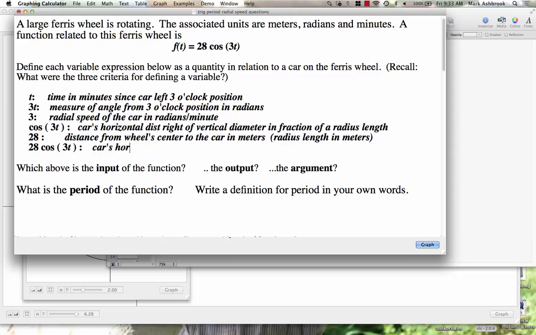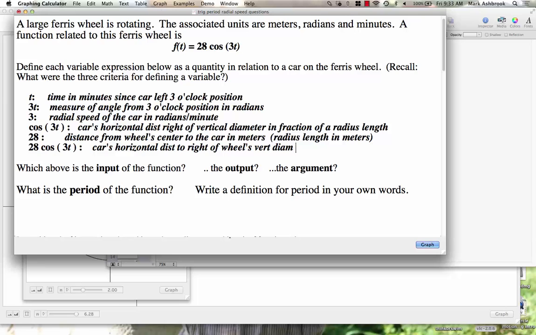Okay. In what unit? In radius lengths. Car's horizontal distance to the right of wheel's vertical diameter. So what would it be if it were just in radius lengths, or in fraction of a radius? That would just be cosine, but now we're multiplying by 28.